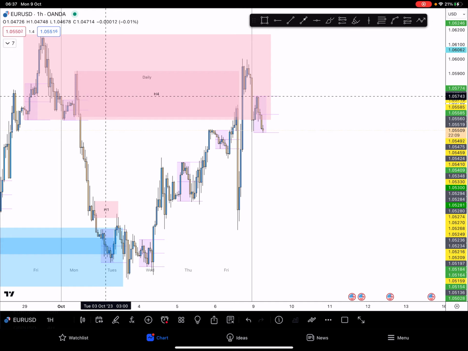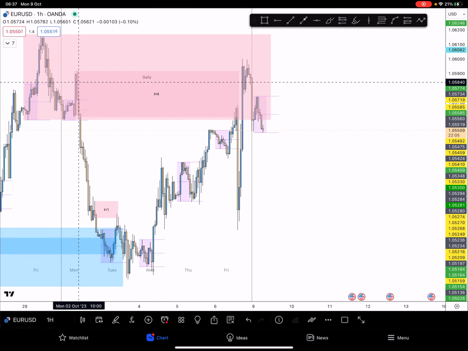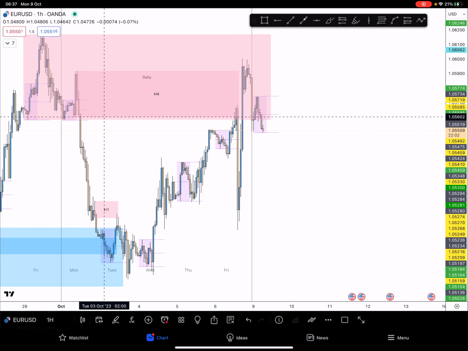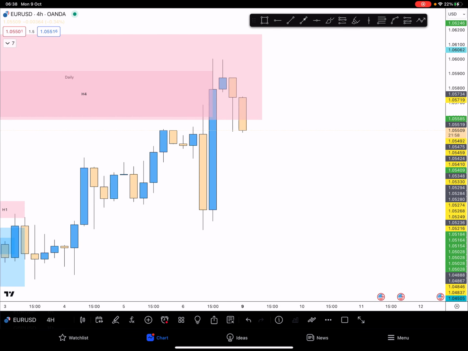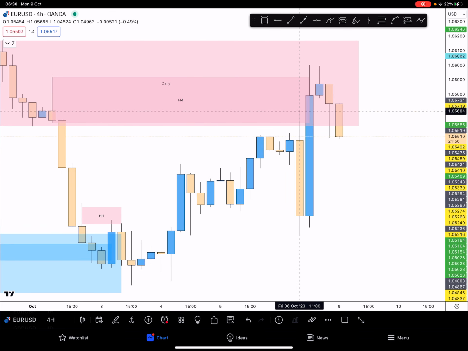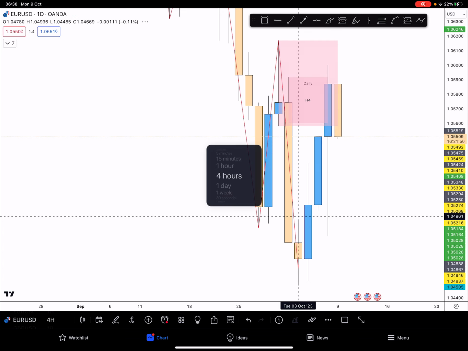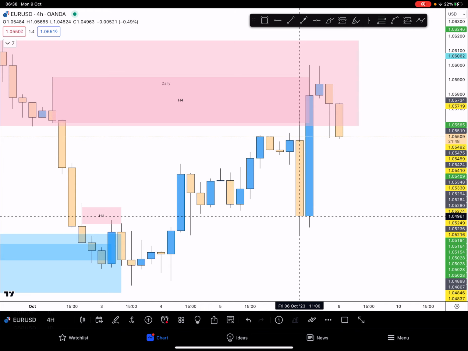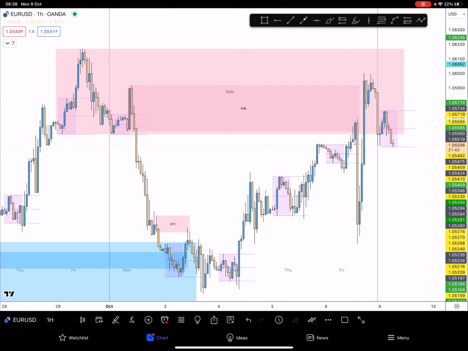Up here, this is H1. But if we go to H4, you see that we actually came into H4. You see this wick in here, and then we just dropped down. That was the H4 reaction, this wick dropping down. That's H4 reaction.